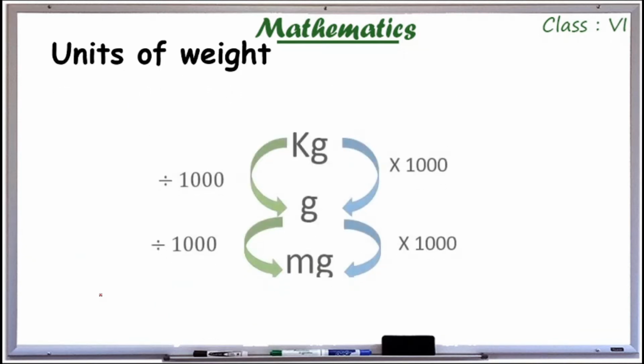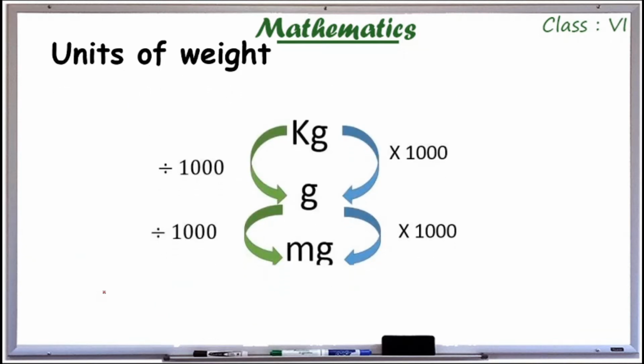In the case of weight, we can measure by kilogram, gram, milligram, etc. When you go to a shop and ask the shopkeeper for 1 kilogram of sugar, the weight is measured using kilogram. Not only kilogram, we have gram and milligram.